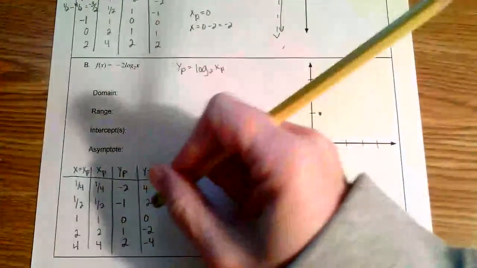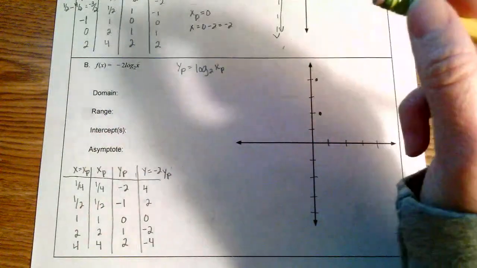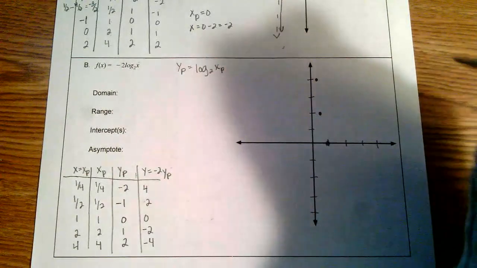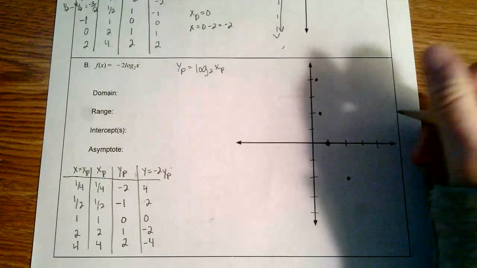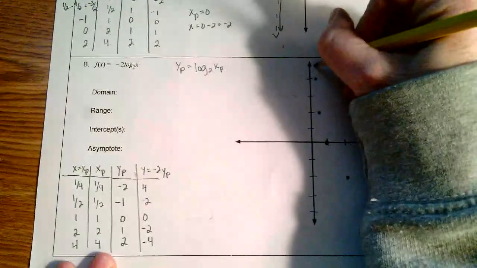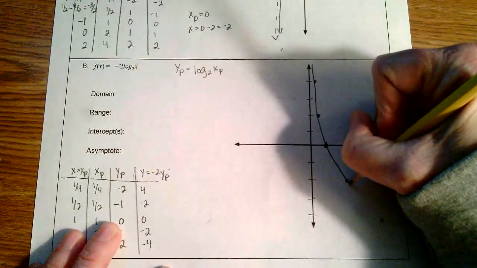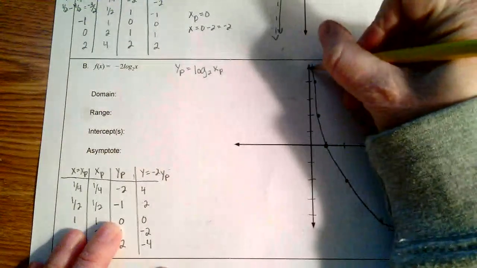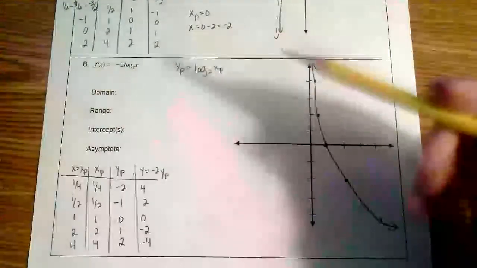And 1, 0. And 2, -2. And 4, -4. And I'm drawing in my smooth logarithmic curve. Okay, so this makes sense to me.